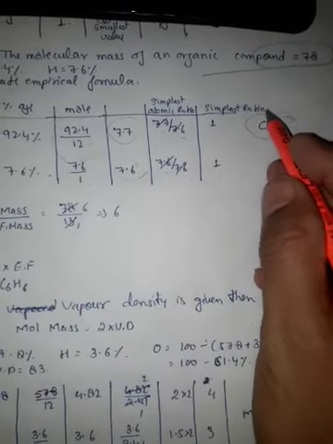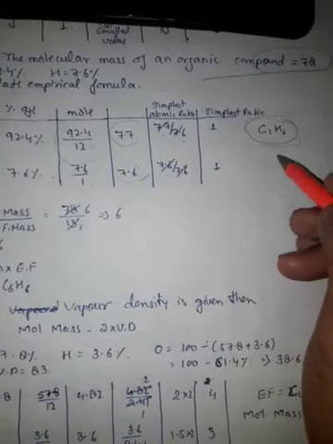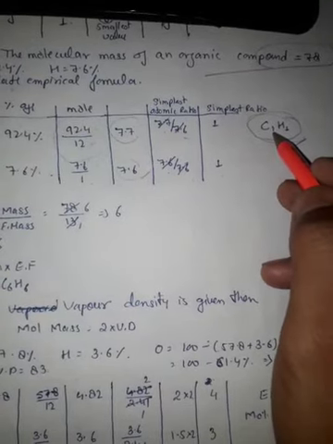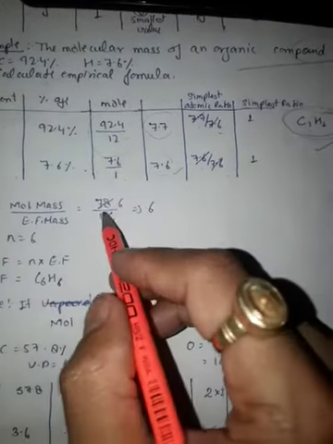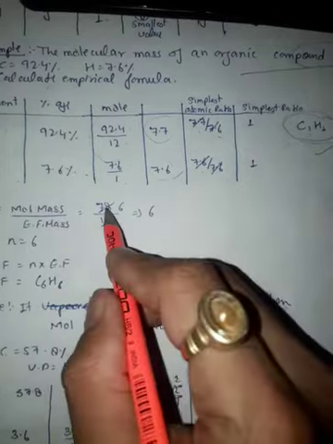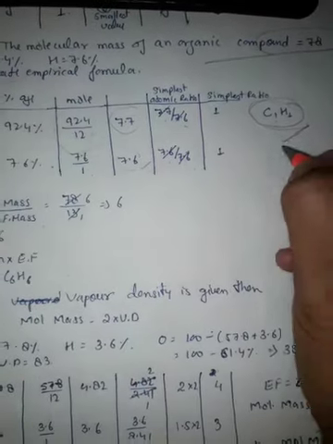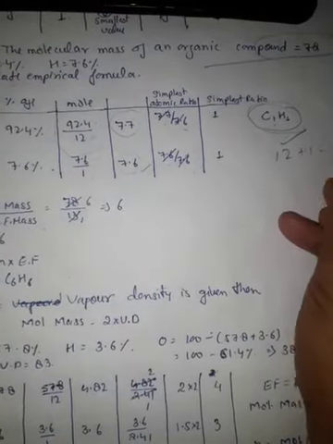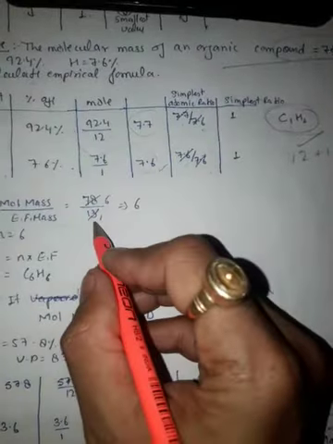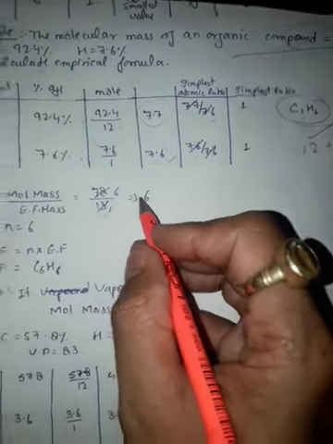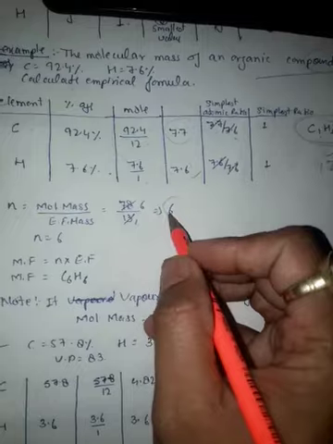We have to calculate the empirical formula mass of the empirical formula we calculated. Here molecular mass is 78, empirical formula mass is C, carbon is 12 and hydrogen is 1, so we get 13 grams. So you divide by 13. So the number of moles you get is 6.